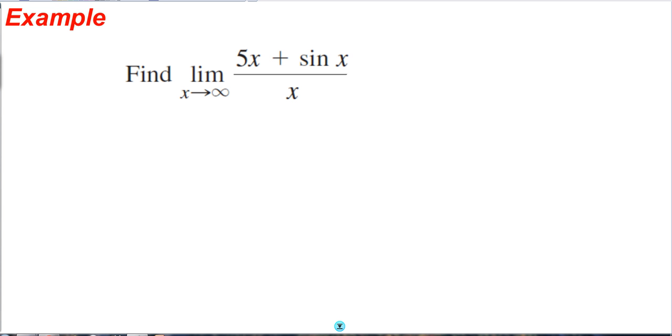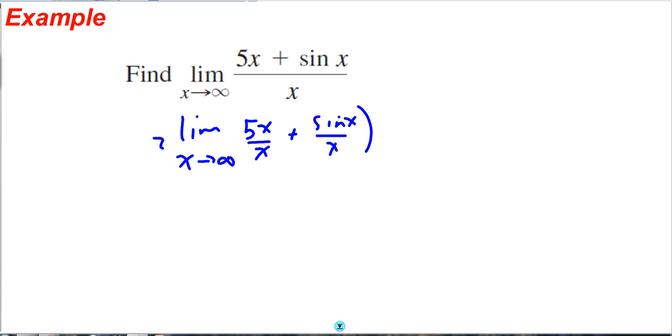Now, how about the limit as x approaches infinity of 5x plus sine x all over x? For this function, this is the same as the limit as x approaches infinity of 5x over x plus sine x over x. We know that the x will cancel out here.